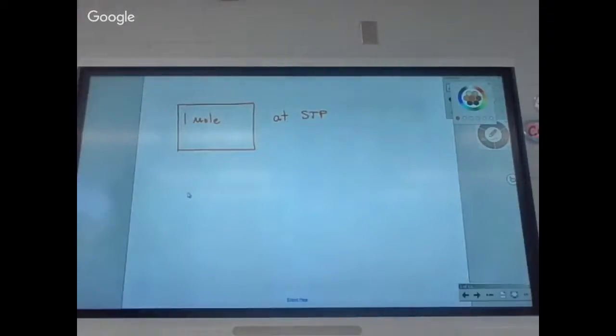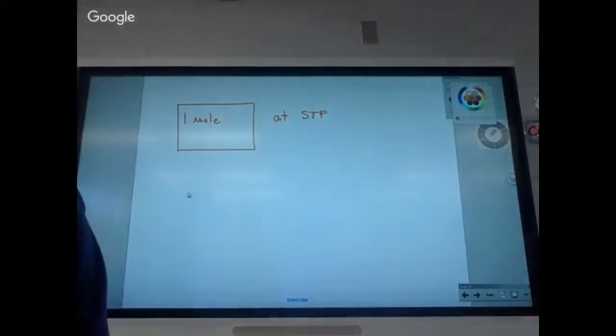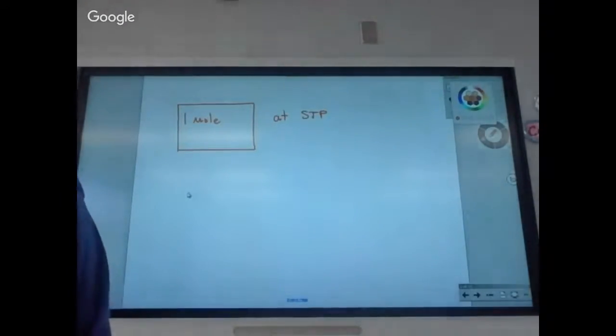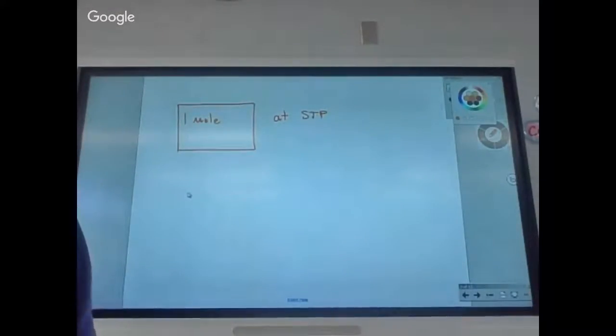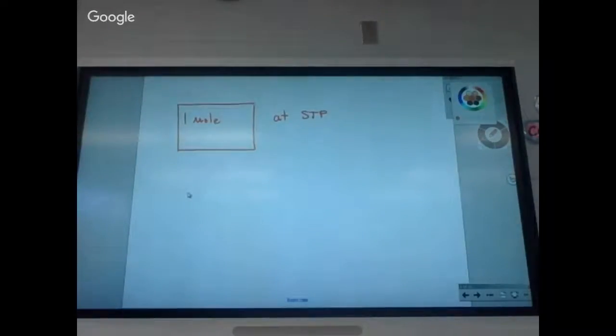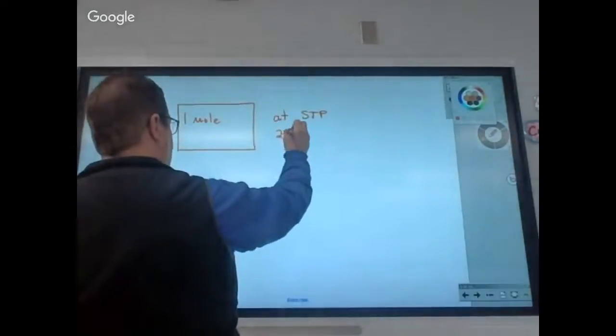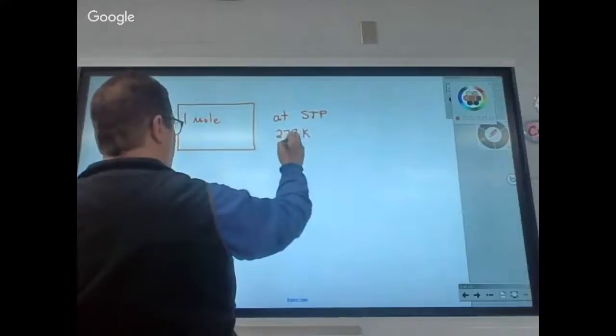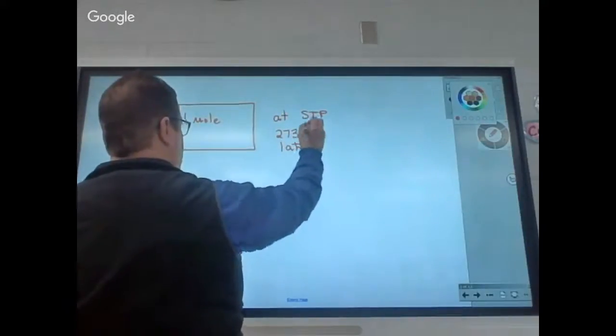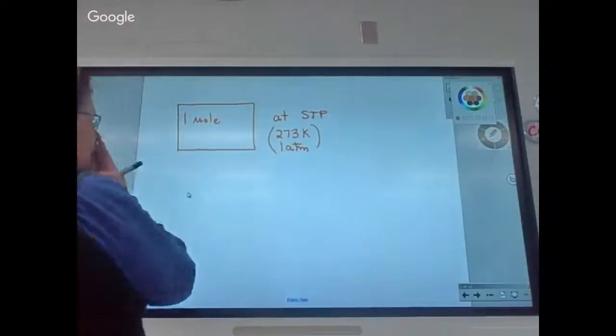All right, first of all, if he does it at STP, based on what we were just practicing a while ago, in case there's a few people who didn't get that far on the worksheet, what does STP stand for again? So what special numbers do we know from STP? Okay, so 273 Kelvin and 1 atmosphere. Okay, so he provided those conditions.